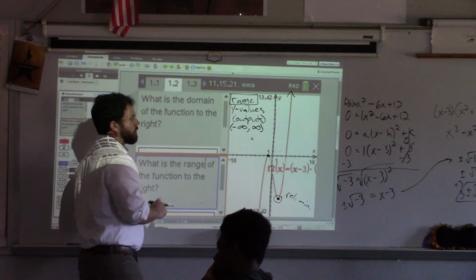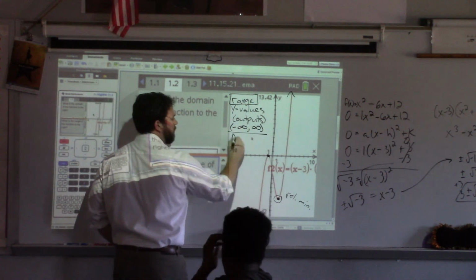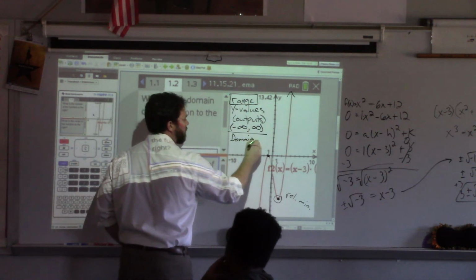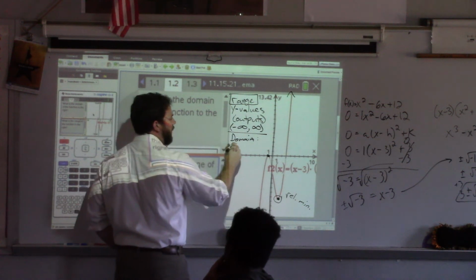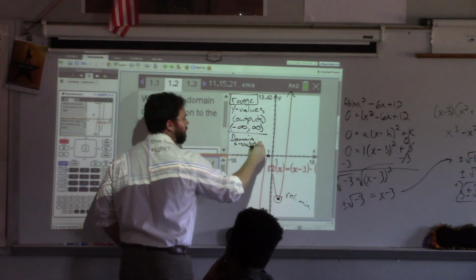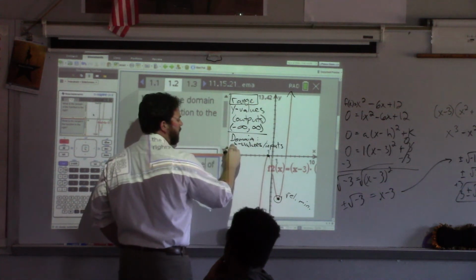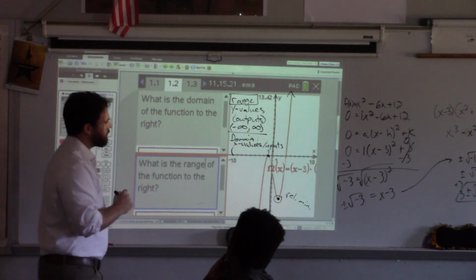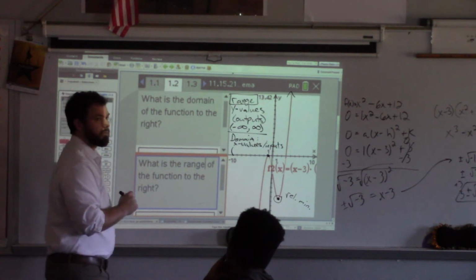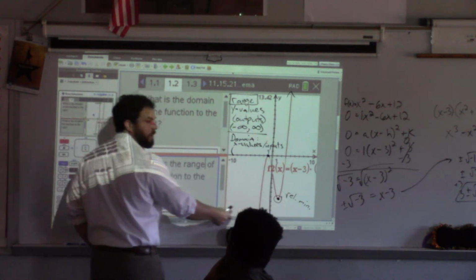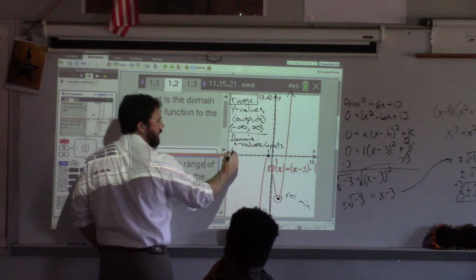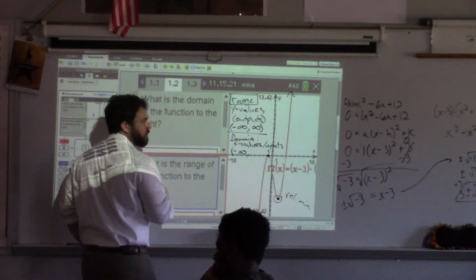So what do we mean by domain? Those x values. Alright, so x values or inputs. And so what is the lowest x value? Yeah, it's going down, but it's going to keep going to the left, isn't it? So negative infinity, all the way up to.